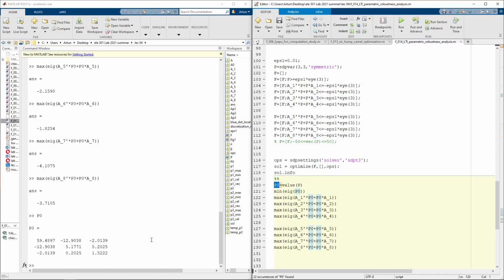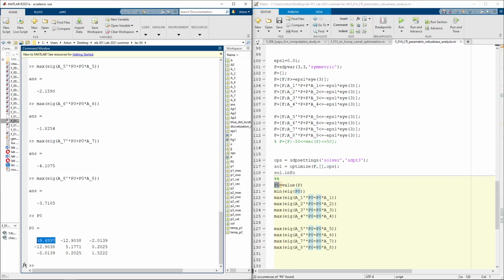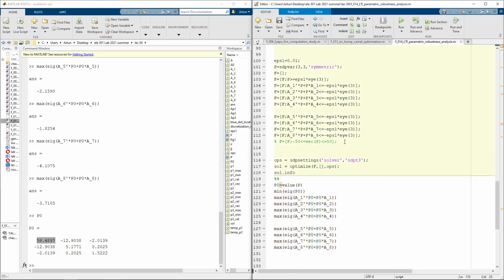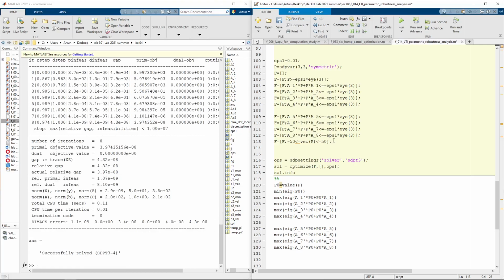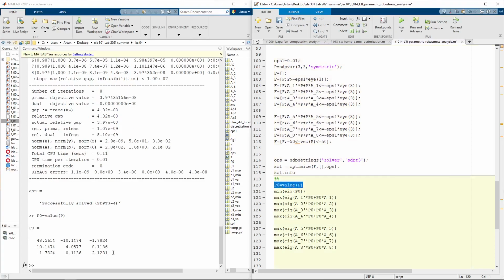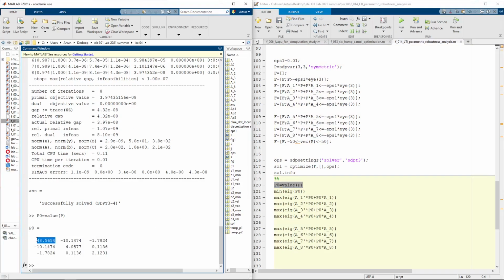If you are picky about your P matrix for some reason, and you don't want your entries to be more than 50 or smaller than minus 50, for example, you can also use this type of constraint. In the other case you may not find a P value like that, but let's see if we can find it. Yes, we can find it actually. Let's see what it is. Again, it satisfies all the constraints.